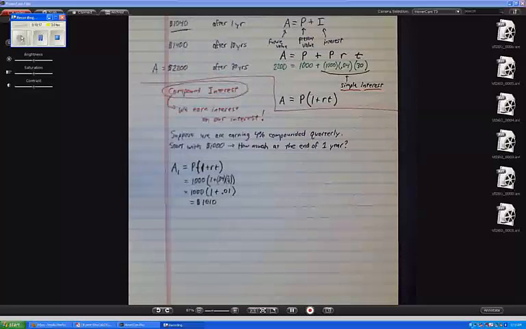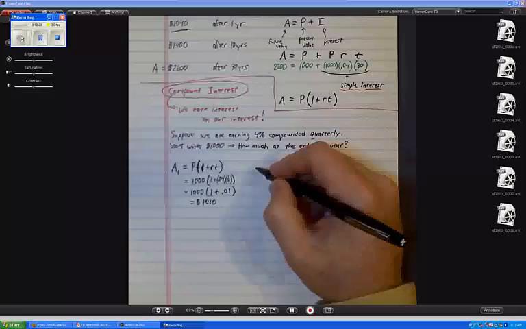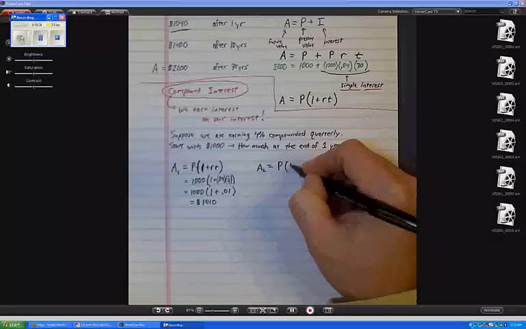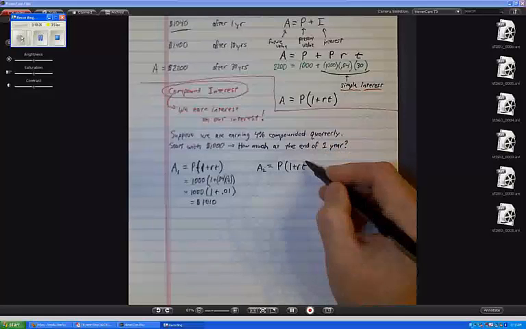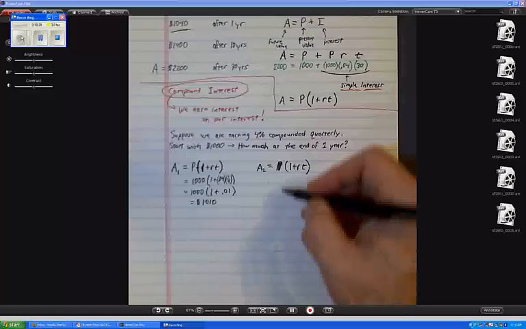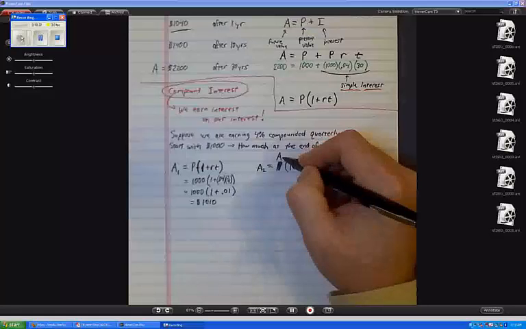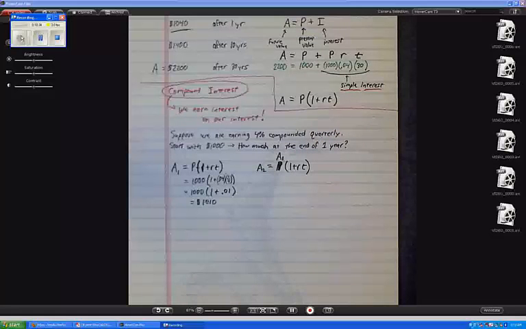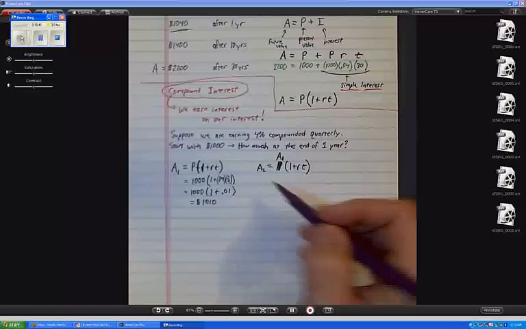Okay. But then what happens when I do A2 equals P times 1 plus RT? It's not really P anymore. What is it that I want to put there? I want to put A1 there. Does that make sense to people? In other words, how much money do we start with when we're going to compute the second quarter?